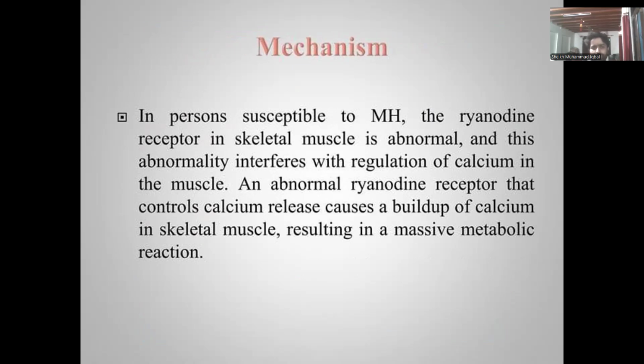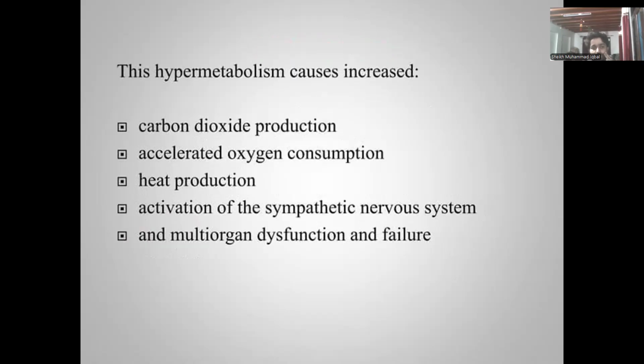Peripherally, you can understand that there is a receptor called the ryanodine receptor in skeletal muscle. It is abnormal in these people, and this abnormality interferes with calcium handling in the muscle. The abnormal ryanodine receptor controlling calcium release causes a buildup of calcium in skeletal muscle, which triggers a massive metabolic reaction leading to increased temperature.